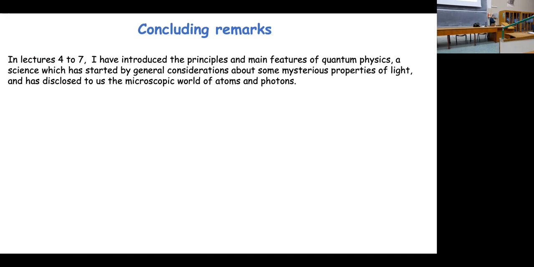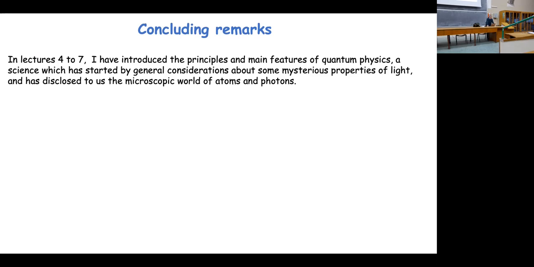This ends the first half of my series of lectures, since we have 15 of them. During the first lectures, I mainly talked about historical points about light. In lectures 4 to 7, I introduced the principles and main features of quantum physics.